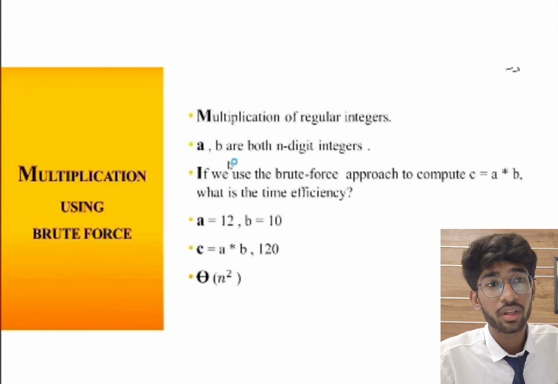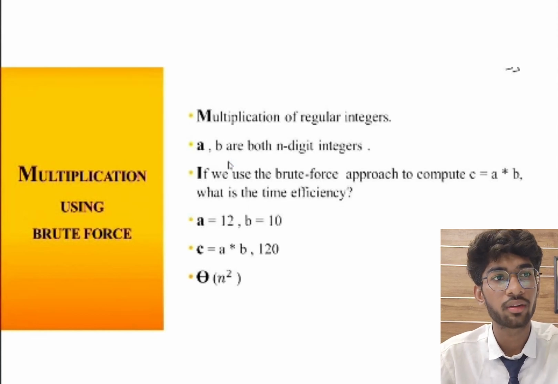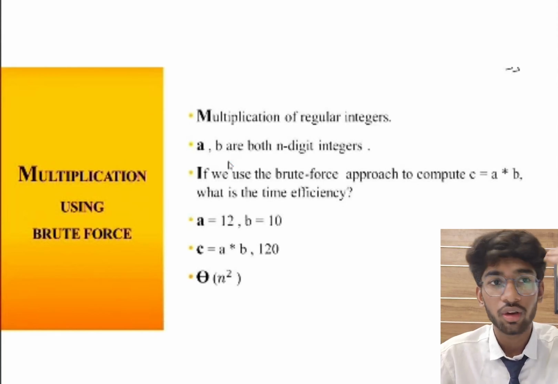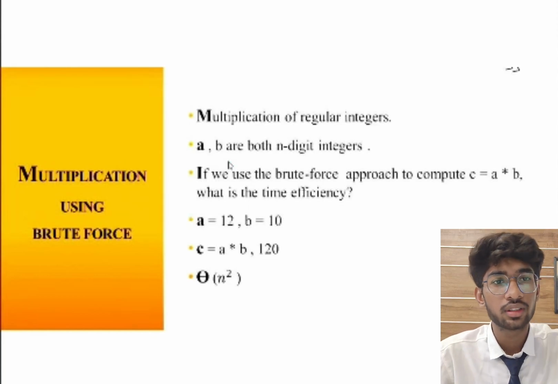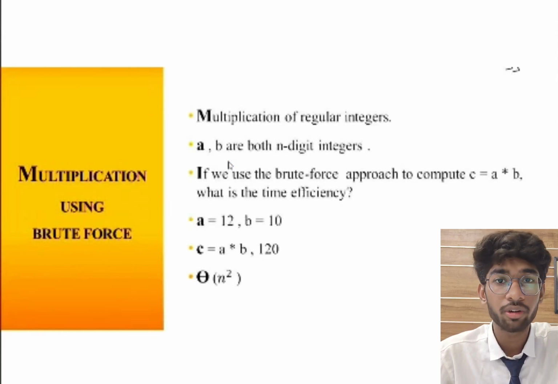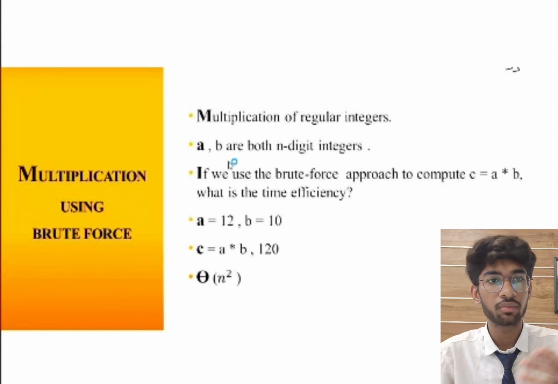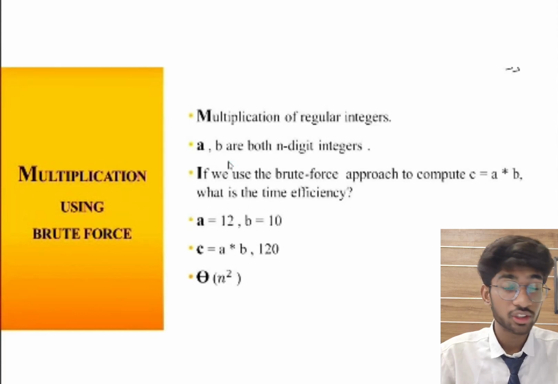Let's take a and b, both n-digit integers, and c equals a into b. What is the time efficiency? Let's take an example: a equals 12, b equals 10. We compute a into b, the output will be 120, and the time complexity will be theta n square. Here the time complexity is raised to the power of 2.